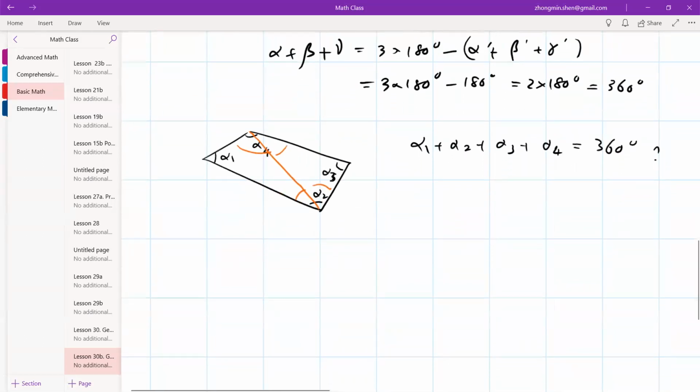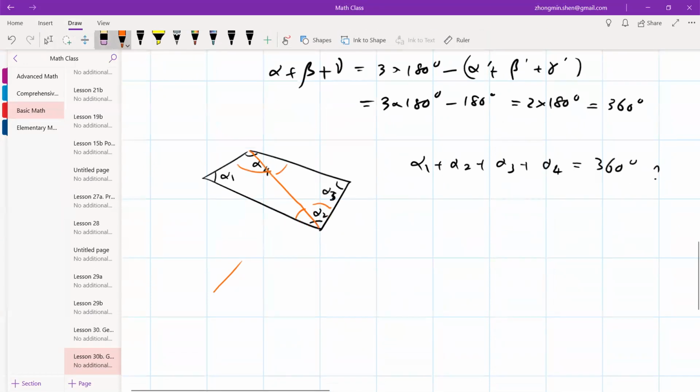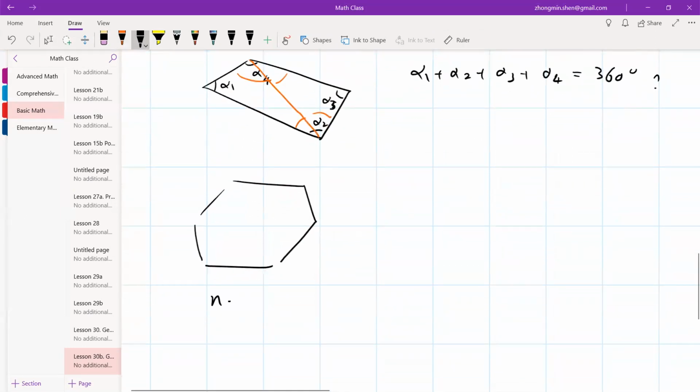Now, more generally, if we have an n polygon, okay, so this is called an n polygon. You have n sides. This will be alpha 1, alpha 2, alpha 3, alpha 4, alpha 5, and so on. Suppose you have n sides. I just draw alpha 6.